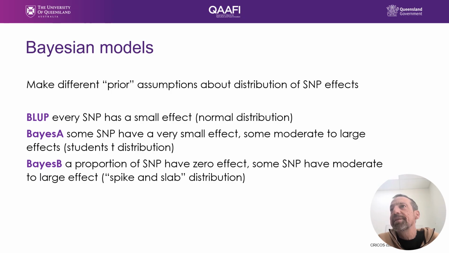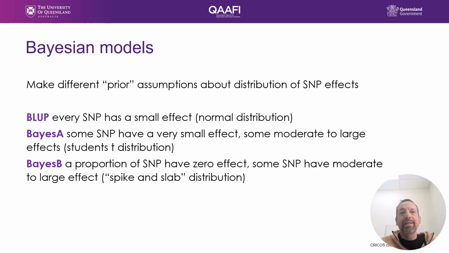In some cases, for example, when you've got a very large number of SNPs, you may want to assume that some of them have a zero effect. And Bayes-B allows you to do this. So it has a prior which has a large spike at zero and then a t distribution.